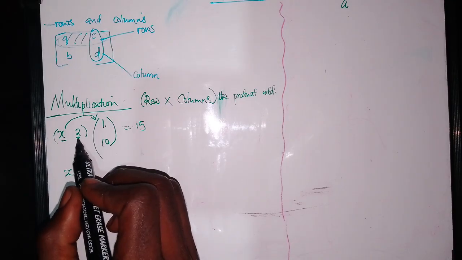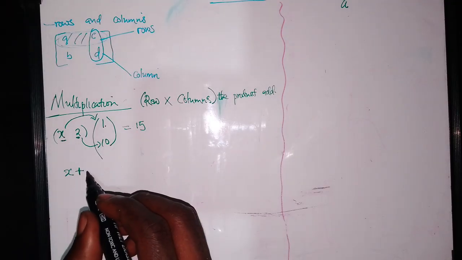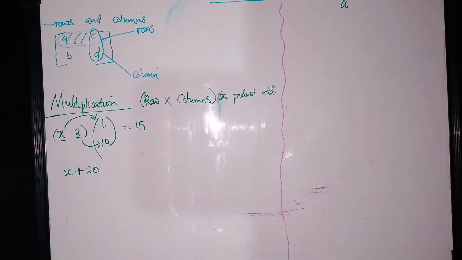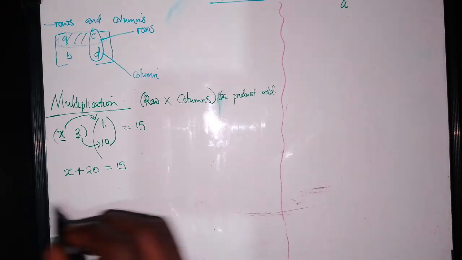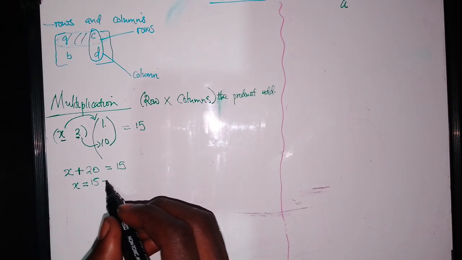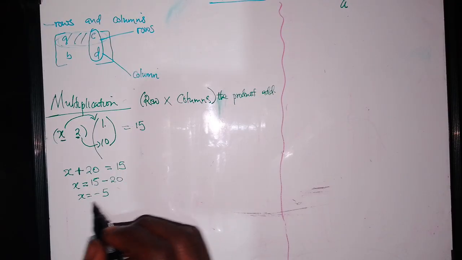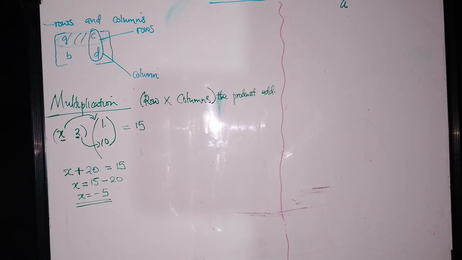You say 2 times 10, which is 20, is equal to 15. Then x is equals to 15 minus 20. x is equals to negative 5. So this is how you multiply matrices.